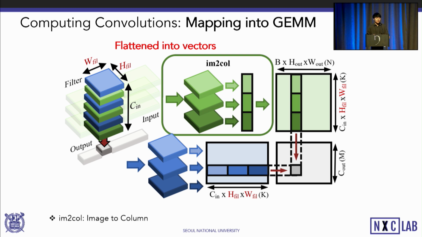This transforms the inner product computations of the output elements into a matrix multiplication between the input and filter matrices. This mapping process is called image to column, and it allows the computation of 2D convolution using high-performance BLAS, or basic linear algebra subprogram libraries, provided on many platforms, including mobile, by the likes of ARM.